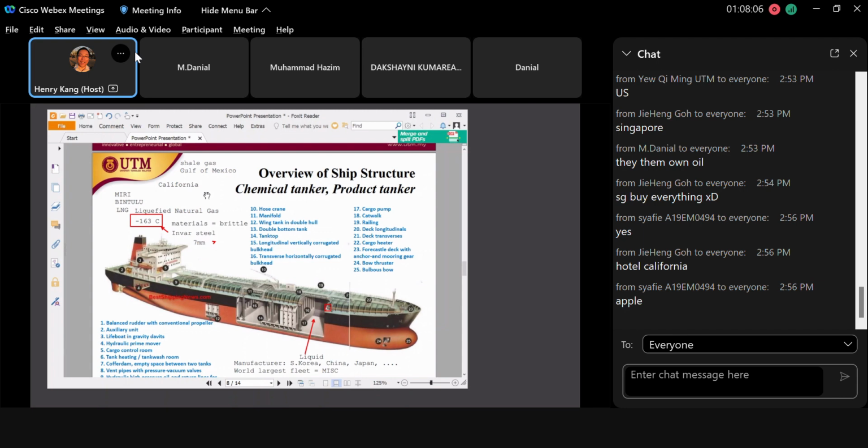But California is also rich in oil and gas. They have lots of oil and gas reservoirs. However, the United States does not want to give licenses to their operators to develop the oil and gas business in California.